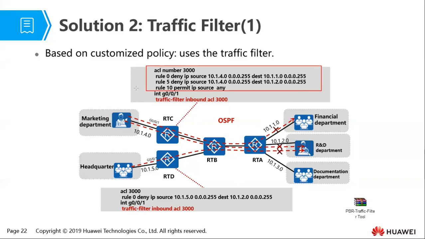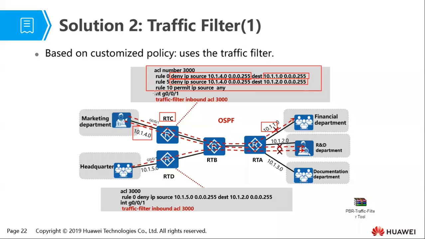In this advanced ACL, we are denying any packets that are coming from this network. Remember, we are configuring RTC. So we are denying any packet that is coming from the 4.0 network and is destined to the 10.1.1 network, which is the finance department. Then we are also denying any packet that is coming from the marketing department and is headed to the R&D.